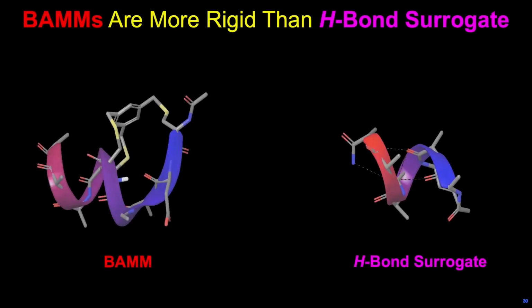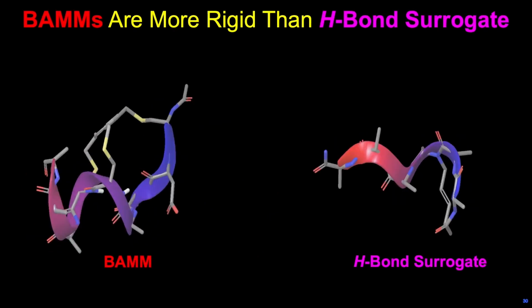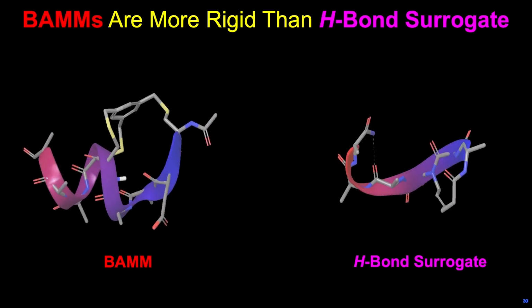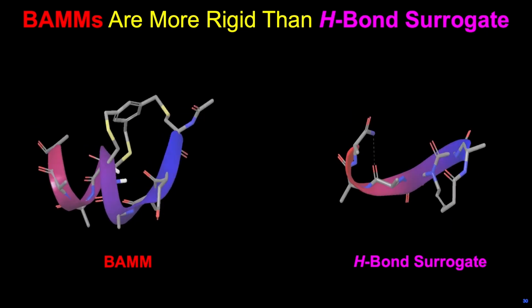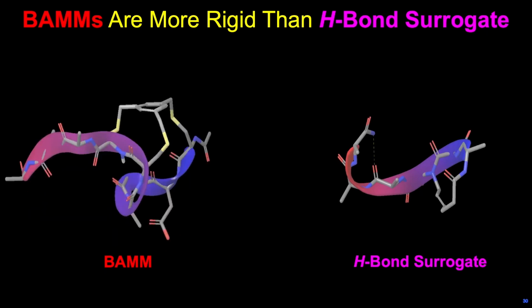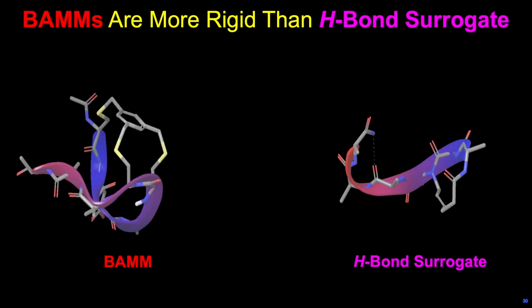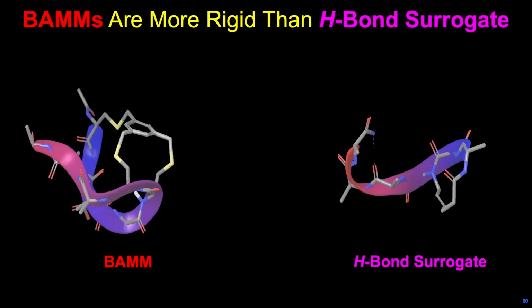And then if we compare molecular dynamics of the hydrogen bond surrogate, you see that unwinds very quickly in comparison. That's because it's a monocyclic system, it's not as constrained. But our BAM there is still sitting in mostly helical conformations.